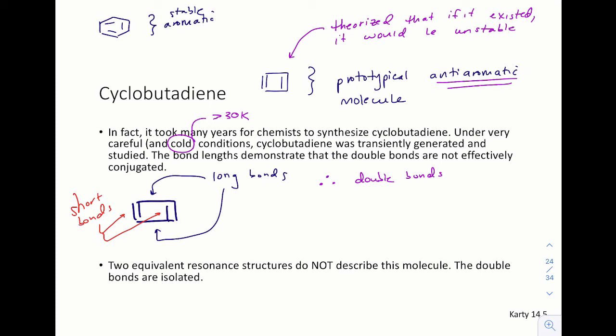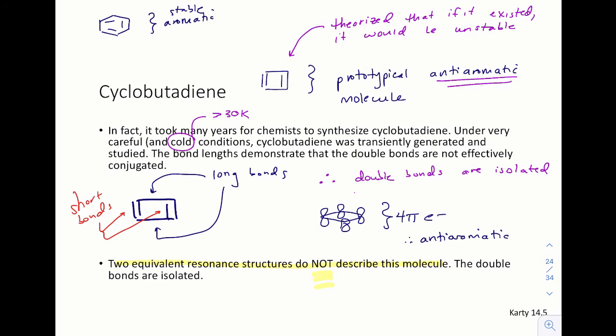That's not the case. Why are those double bonds not conjugated? Well, if they were, this system would be anti-aromatic. It would contain 4 pi electrons in a fully conjugated cyclic planar pi system. So chemists certainly confirmed that cyclobutadiene is unstable.